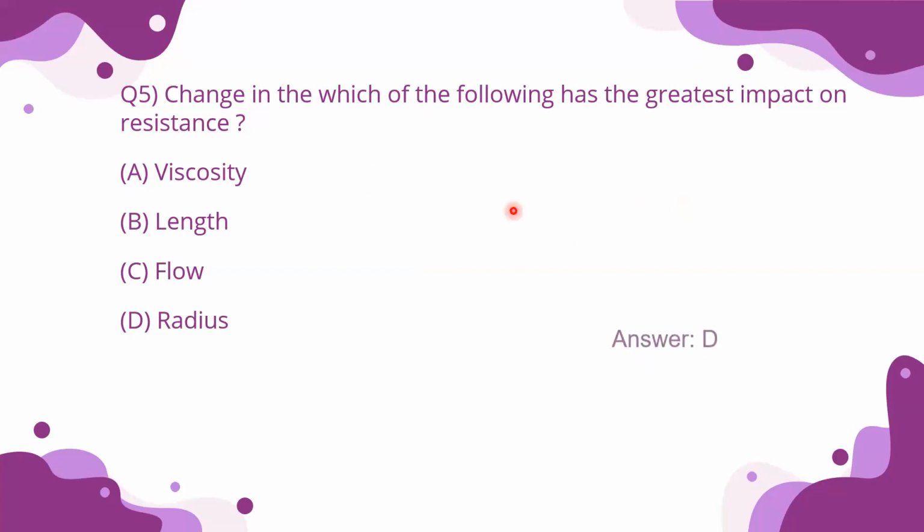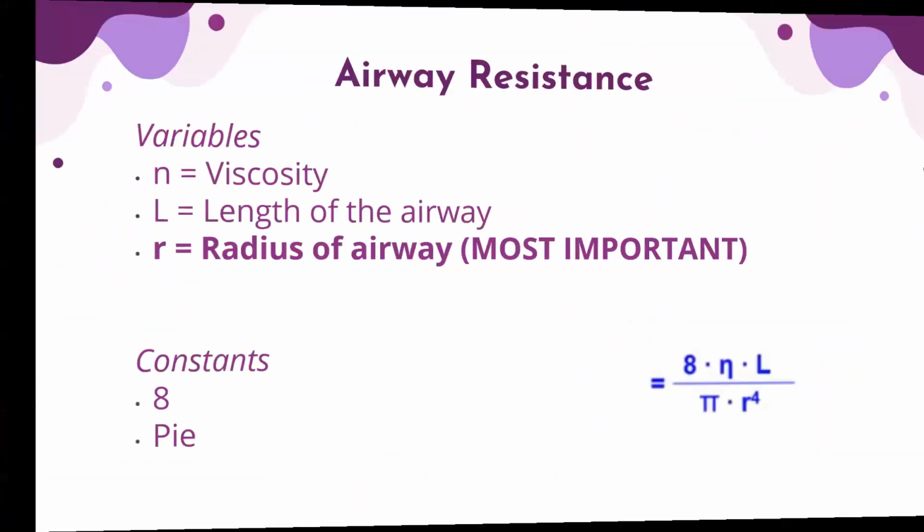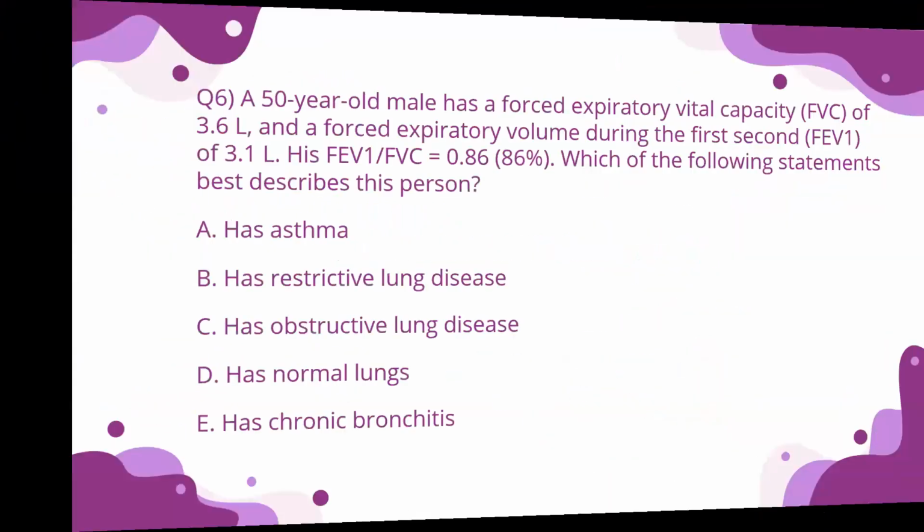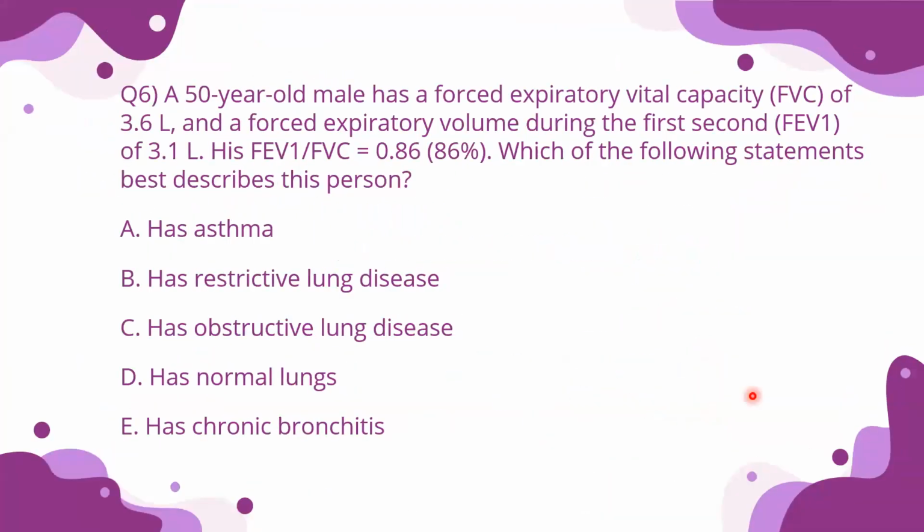The answer is D. Why is that? It's because we talked about radius being the most important. It has a power of 4. A very small change in radius will create a very, very strong change in resistance. Next question.